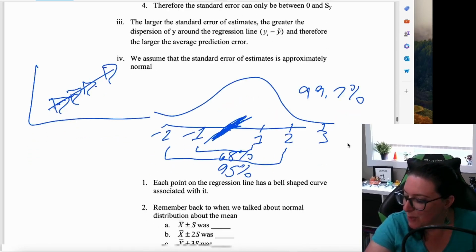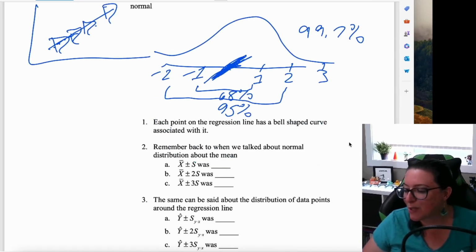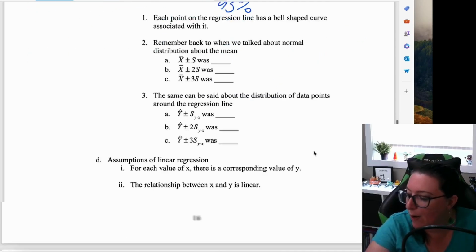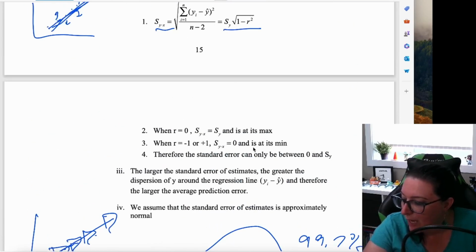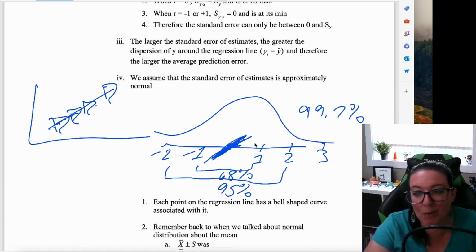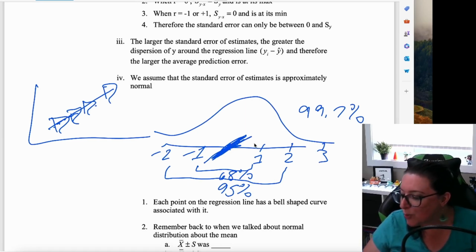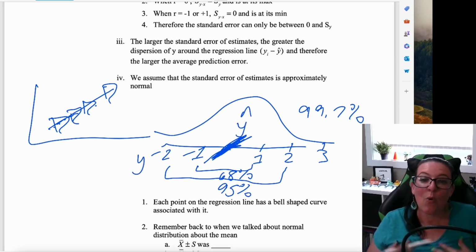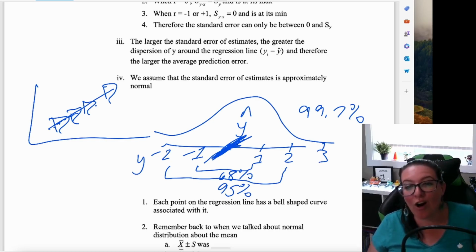Okay. So we're talking about how far away we are, plus or minus 1, 2, 3 standard deviations. So we can make the same type of statement about our regression. Because we have this distribution of the actual y's around that y hat value, and it has that normal distribution, we can use it to create confidence intervals around specific values.